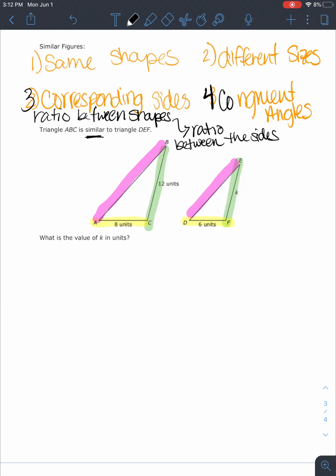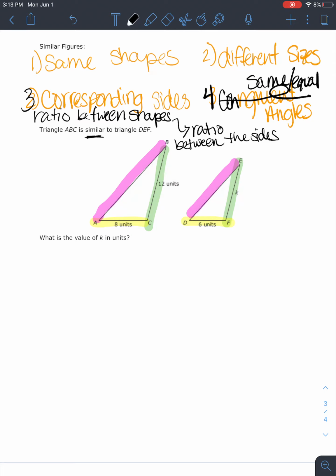And then they have congruent angles. Another way that we can say congruent angles is the word same or equal. We'll go through all of these. So same shape, check, that's easy. Different sizes, check. The hard ones are the corresponding sides and the congruent angles.